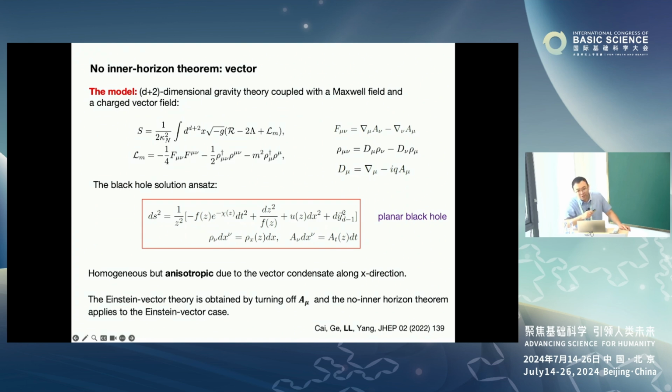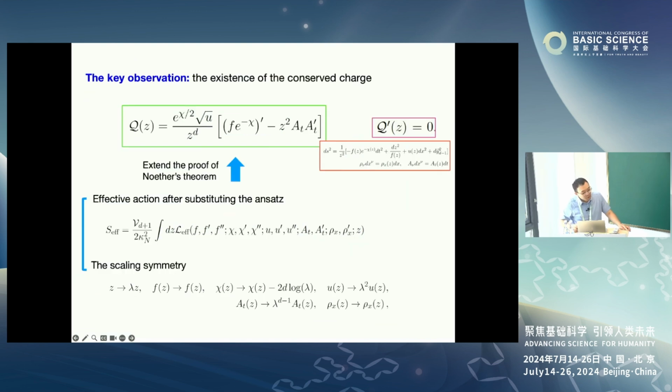So this is the anisotropic case. But it's homogeneous. Following our construction, you can also find a radially conserved charge. This charge is even simpler than the scalar case. It only depends on this combination, and the gauge potential is independent of the vector here. We find a very convenient way to construct this quantity following Noether's theorem.